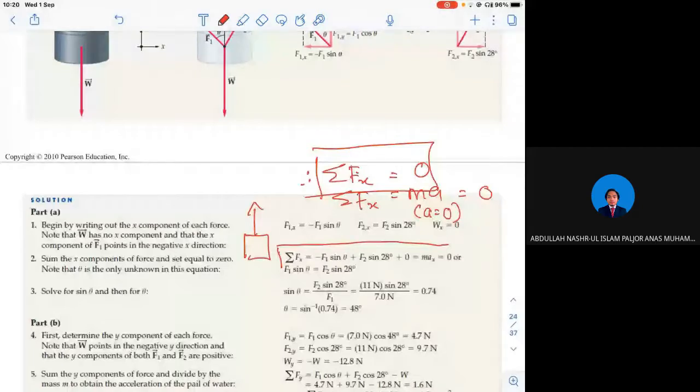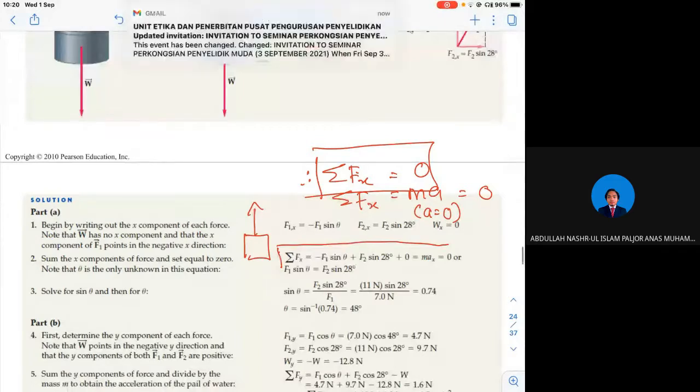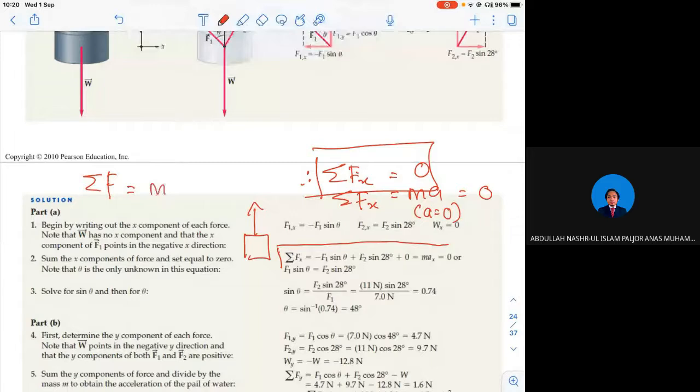If the motion involves the x-axis, then F equals ma for the x-axis. The main thing you should know is that summation of F is equivalent to ma, because this is Newton's second law. When you deal with the problem, don't forget Newton's second law, because we will use it a lot inside the problem.